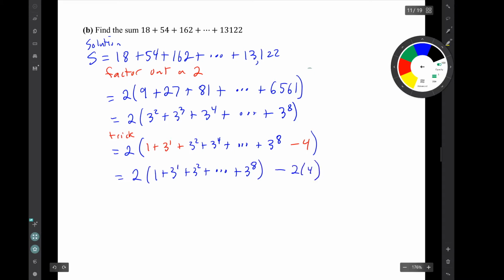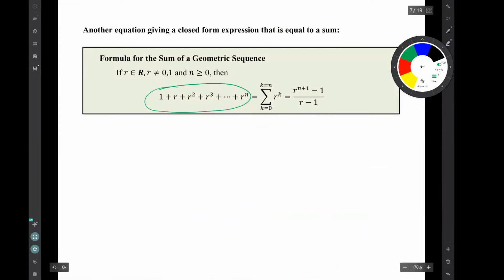So what we have here is the standard geometric sum with r equals 1 and n equals 8. So we can use the formula for a standard geometric sum. Let's go up and remind ourselves how that looks. This geometric sum equals the value given by this formula.